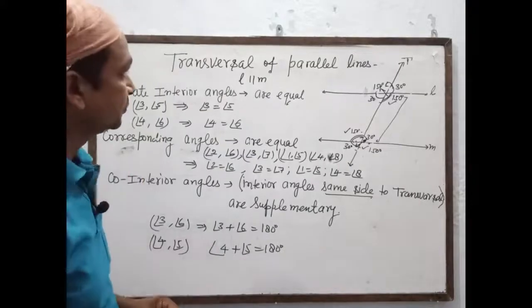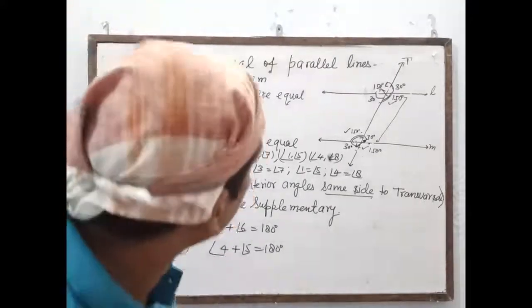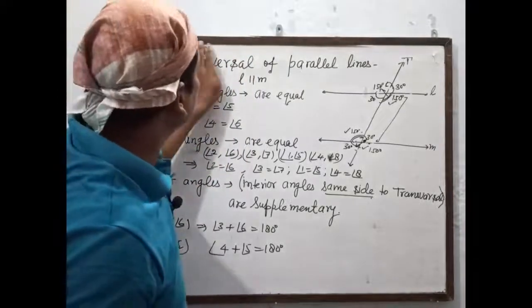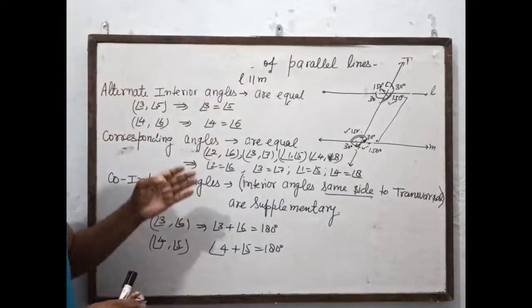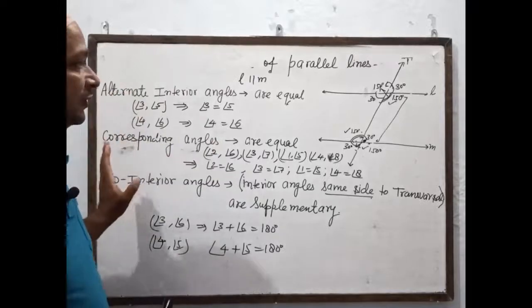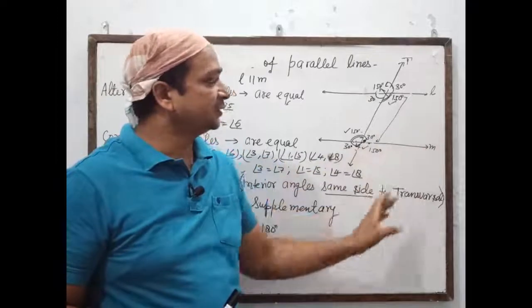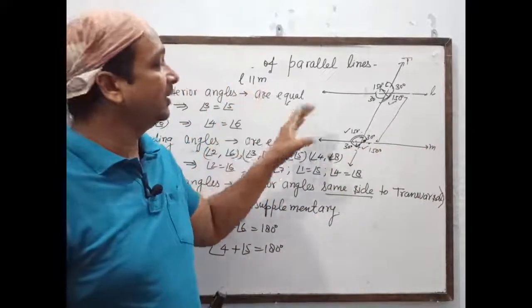Students, next we have to study checking of parallel lines. We have to keep in mind always that these three properties follow only when the intersected lines are parallel. This should be clearly given, not assumed by only seeing.